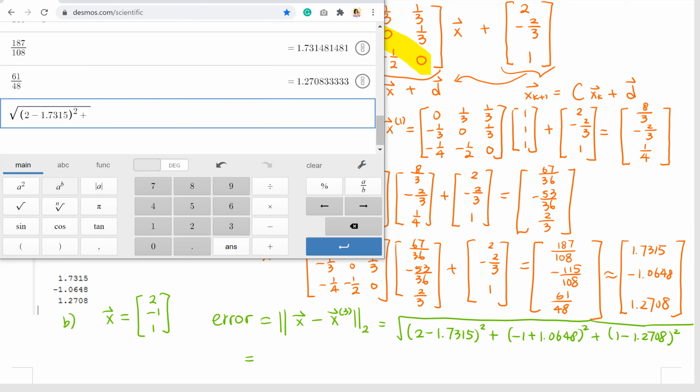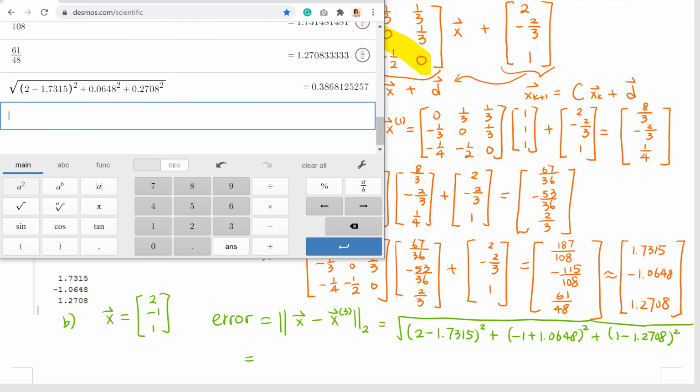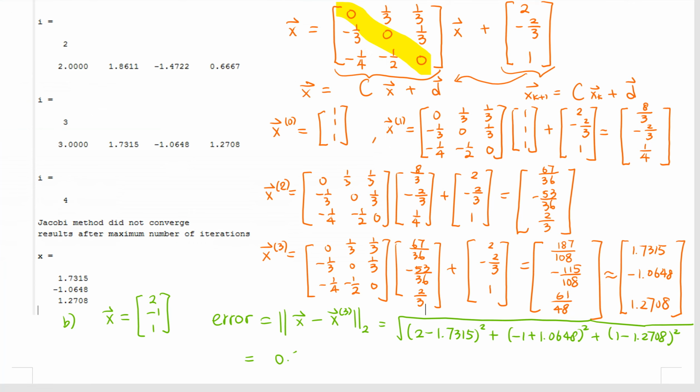And then plus, see, this one, subtracting 1, is just 0.0648 squared, and then plus 1 minus that is the same as 0.2708 squared. Okay, so the answer is 0.3868. So far, so good, everybody. So this is the error bound.